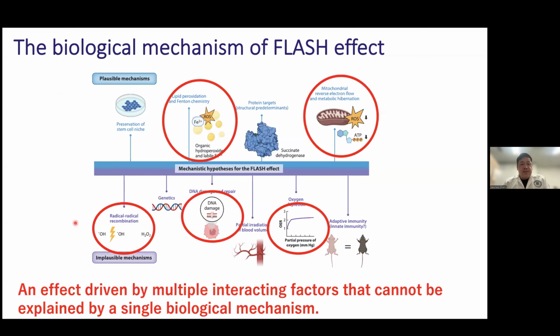So this brings me to my summary. At present, various hypotheses regarding the flash effect are being actively investigated. However, rather than being explained by a single factor, the flash effect is increasingly understood as an integrated outcome of physical, chemical, and biological processes induced by the radiation.